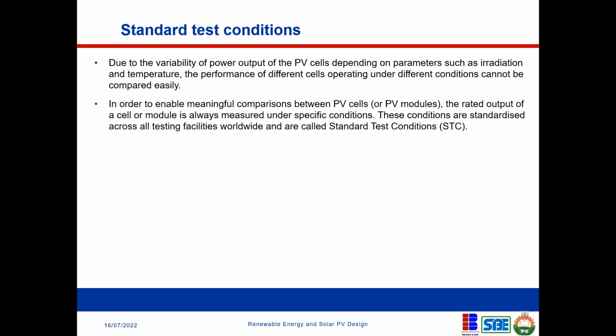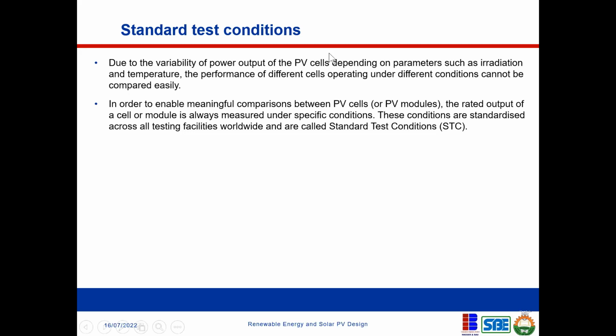So in order to enable meaningful comparison between PV cells or PV modules, the rated output of the cell or module is always measured under specific conditions. These conditions are standardized across all testing facilities worldwide and are called standard test condition.